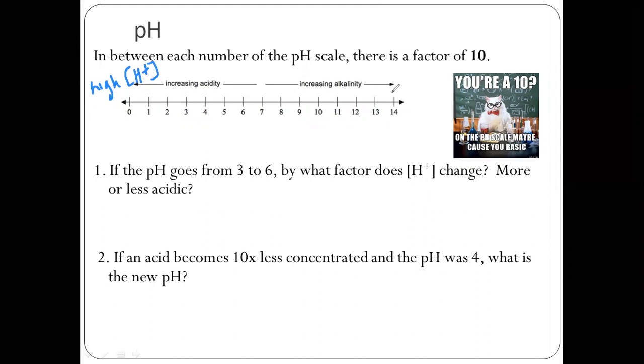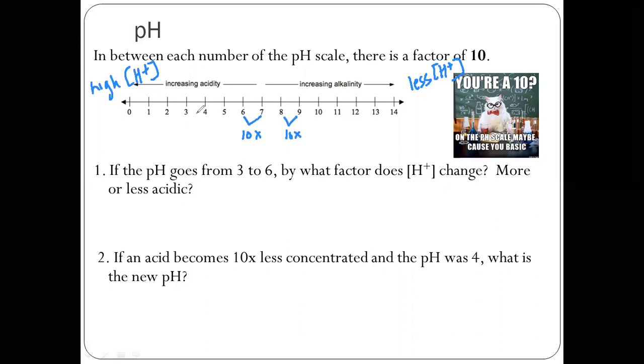Increasing alkalinity means basic, so you have less H+ concentration here. And in between each number on the pH scale is actually a factor of 10. So a pH of 8 is actually 10 times stronger of an acid than a pH of 9.